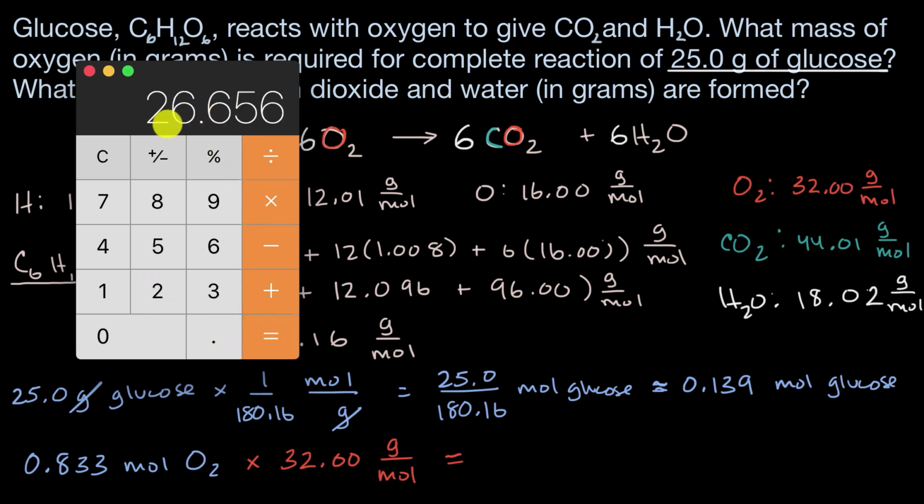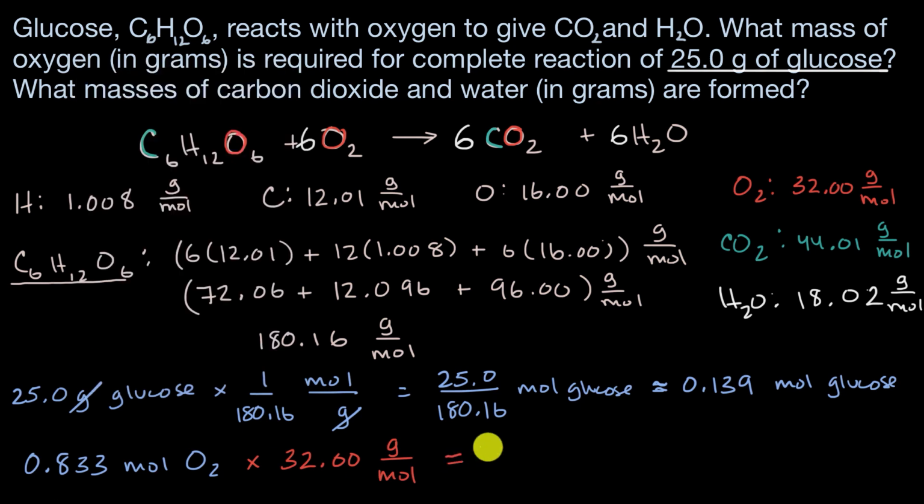If we go to 3 significant figures, it's 26.7 grams of molecular oxygen. And so we've answered the first part of the question. What mass of oxygen is required for complete reaction? So that's this right over here.